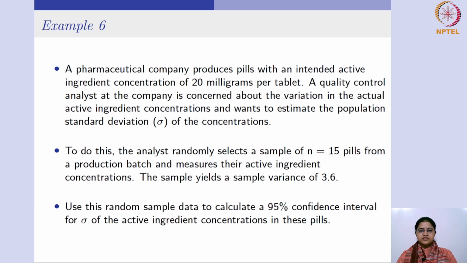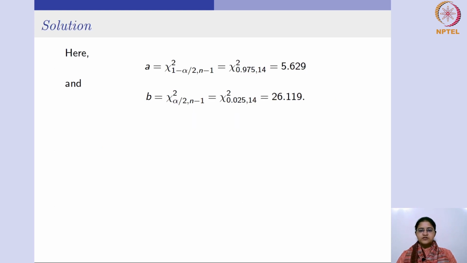So you are given the sample size, that is n, and for sigma, what else do you need? You need the sample variance, that is also provided to you, and you have been given a 95% confidence interval at n-1, that is 14 degrees of freedom. So you can simply see that from the chi-square table, if you substitute these values at 14 degrees of freedom.